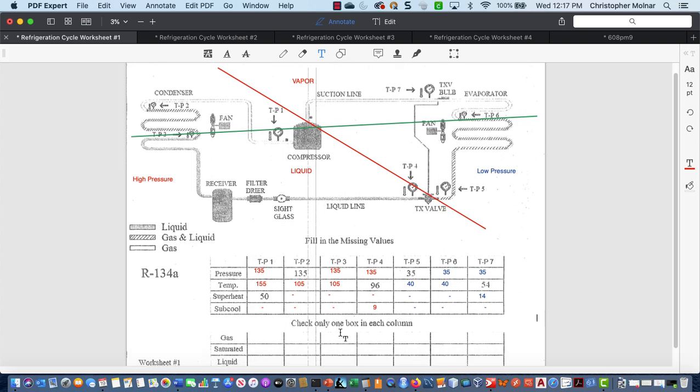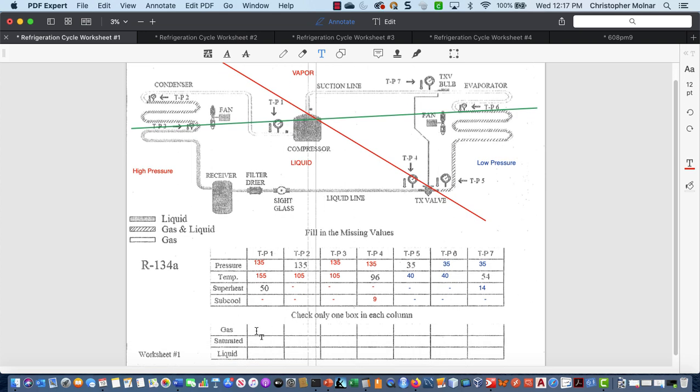I hope so. Now, down here, it's wanting to know what the state of the refrigerant is at each of these points. At TP1, it's coming out of the compressor, so we know it's a gas. TP2 and TP3, we can say saturated.